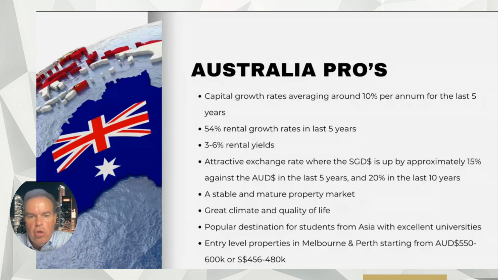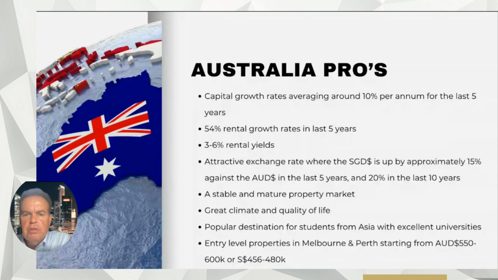But it's a significant industry in Australia that has quite an impact on their economy, the foreign student and the education market that they have there. And of course, wealthy students can be some of your potential tenant pools as well.